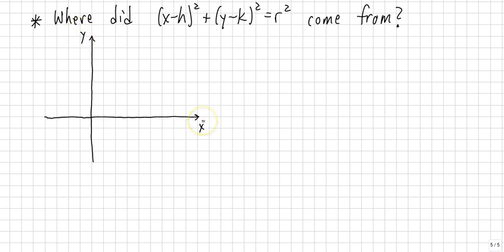So let's say you have some center. So let's say this is the center, what is called (h, k). So we don't know where it is. It's at some x coordinate h and at some y coordinate k. And let's say it's got a radius of r.